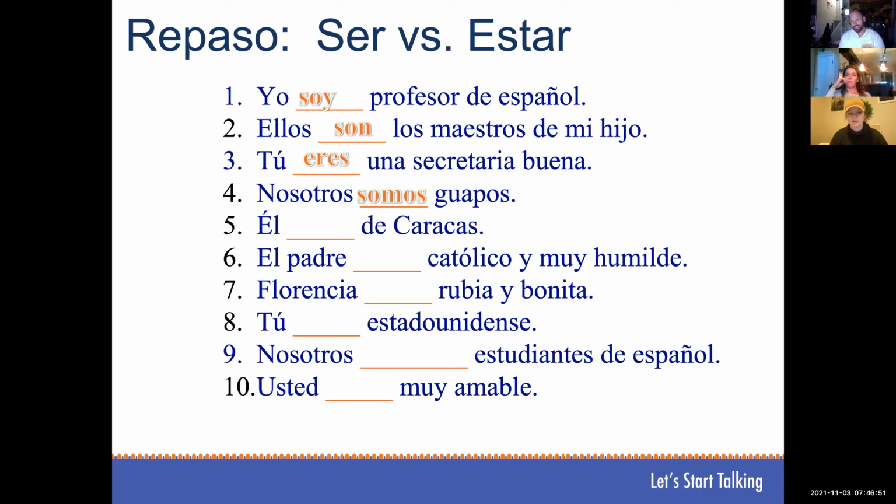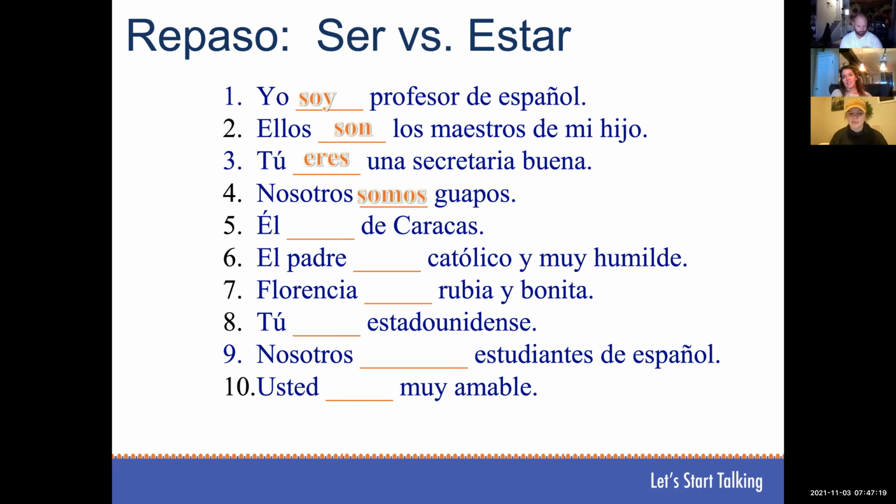Someone that's handsome is typically always handsome. Sure, maybe with age that can change, but you're not going to be handsome on Monday, ugly on Tuesday, and handsome on Wednesday. Sometimes I go through it. It's a gray area for sure.